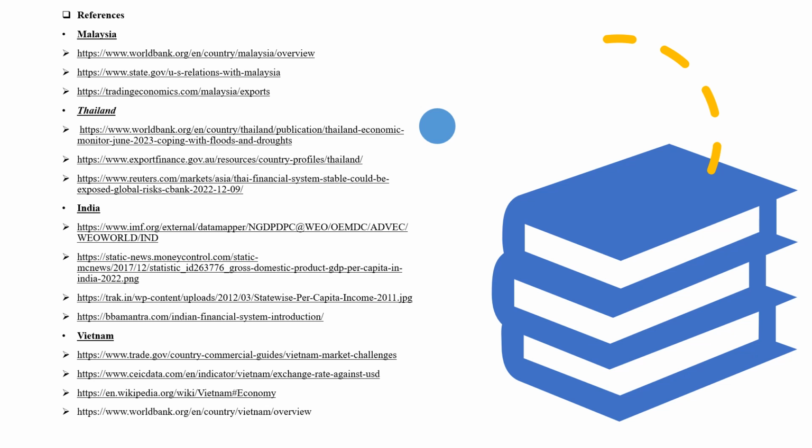Some material was also taken from Wikipedia, and some from trading companies, so that we can get the actual content we want in this video. So this is all about the economic and financial systems in the respective countries. Thank you so much.